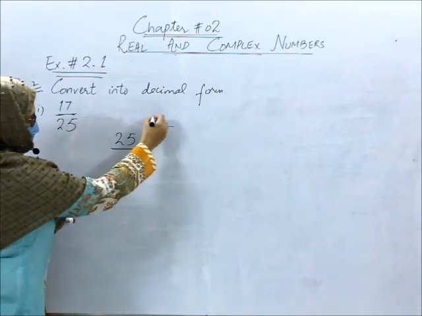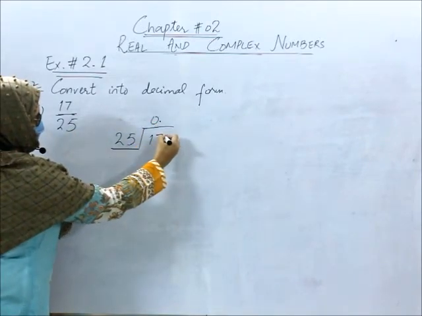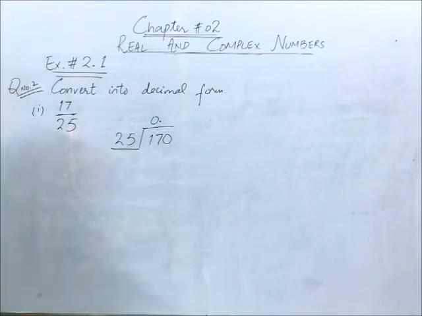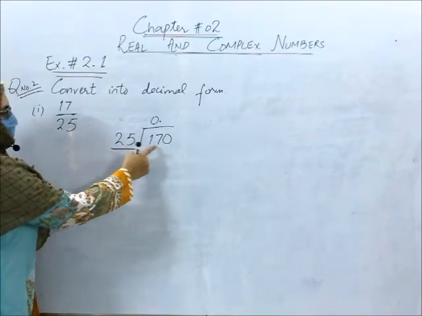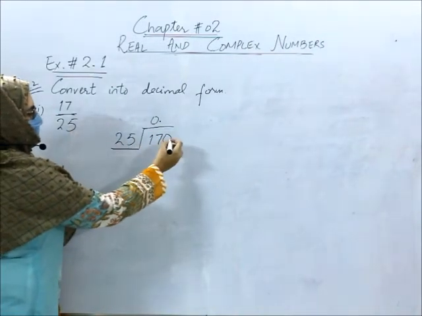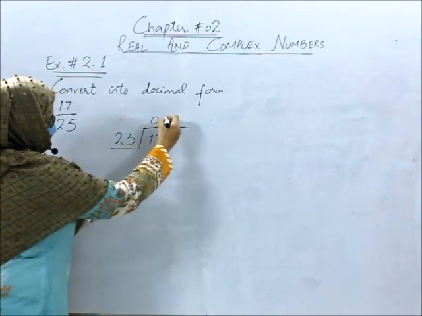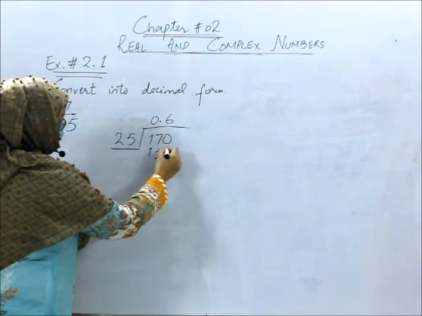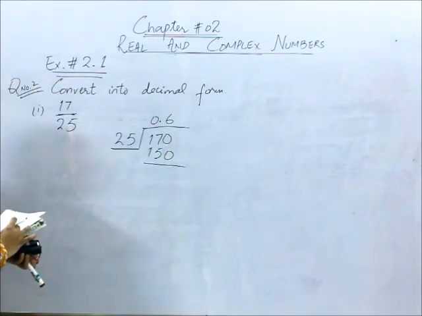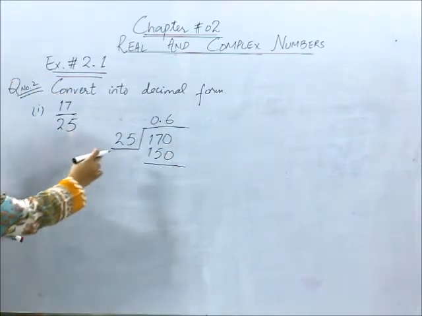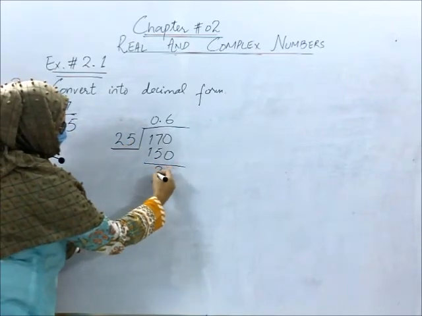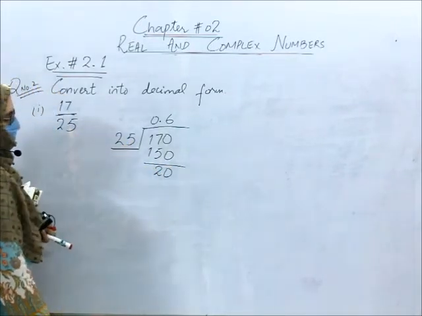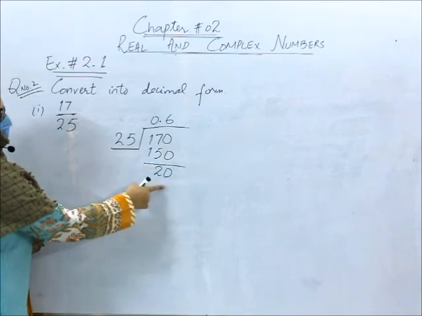Can we divide 17 by 25? Definitely not. We will introduce a decimal point and then a 0 over here. Now can we divide 170 by 25? Yes, of course. 25 into 6 will give you 150. So what would be our remainder? Remainder would be 20. Now can we divide 20 by 25?